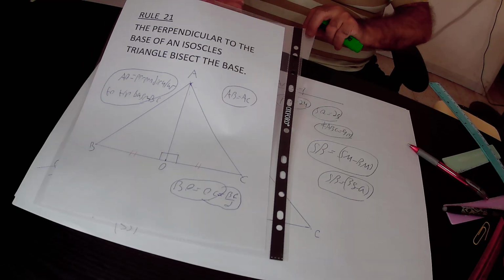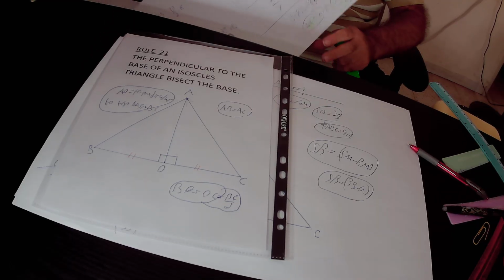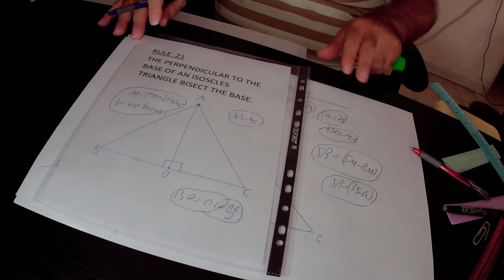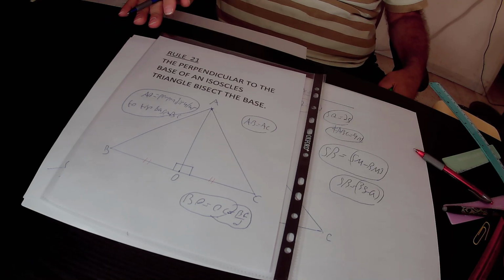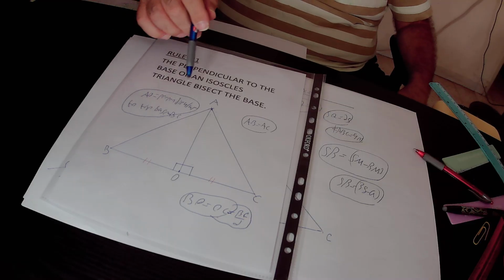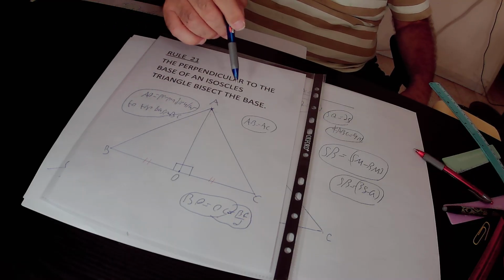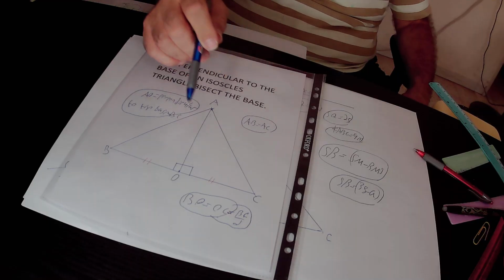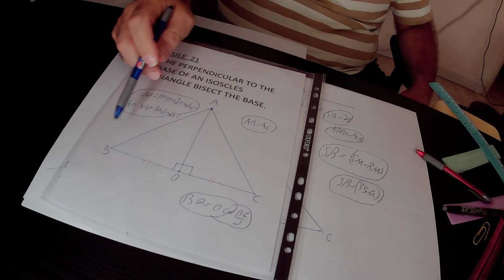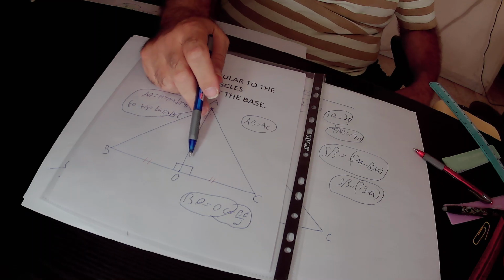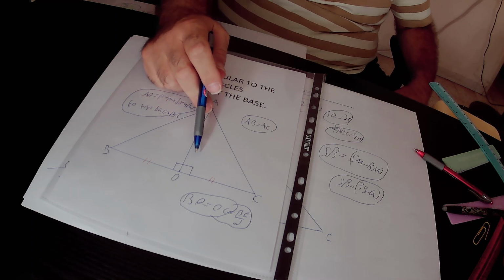According to rule 21, the perpendicular to the base of an isosceles triangle bisects the base. So in the drawing, we have isosceles triangle ABC. AB equals AC, therefore triangle ABC is an isosceles triangle. From point A, we do perpendicular AO to the base BC. So this angle equals 90 degrees, and this angle also equals 90 degrees according to our construction.